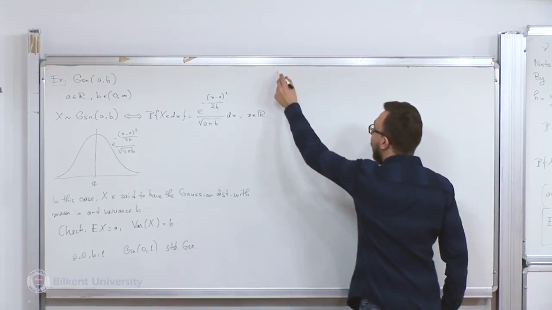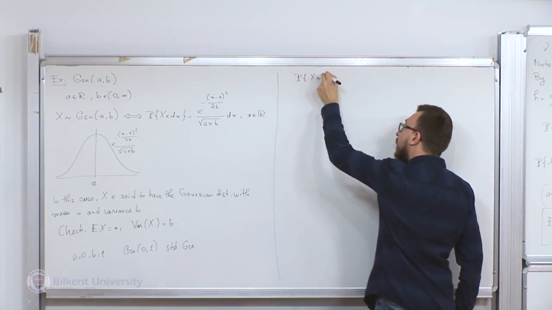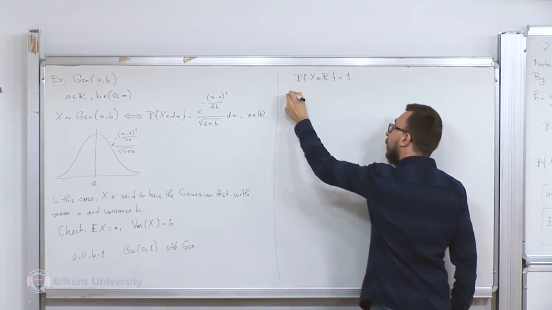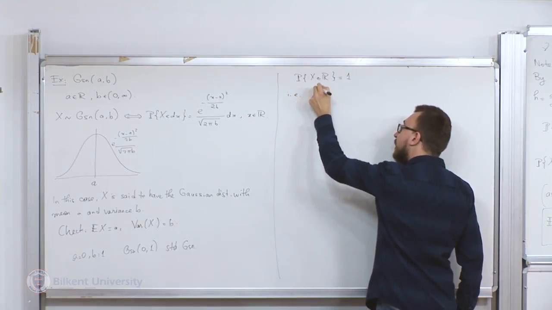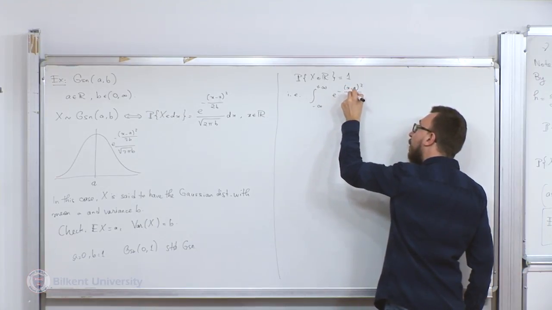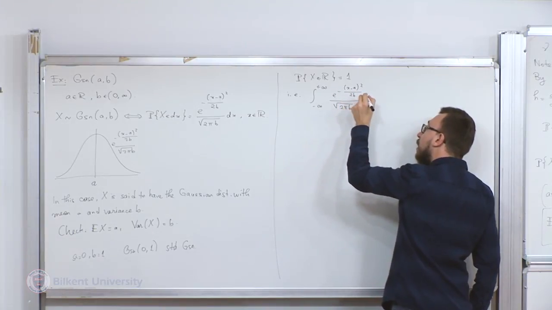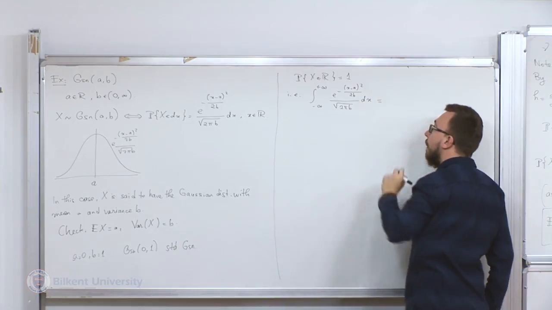So just for fun, I'd like to check with you that the integral over x in R is 1. In other words, when you integrate this density function from minus to plus infinity, you get 1.